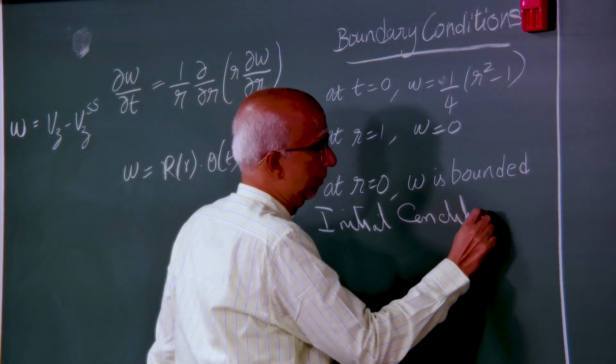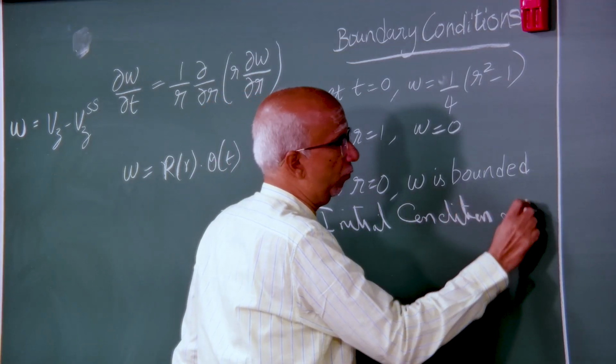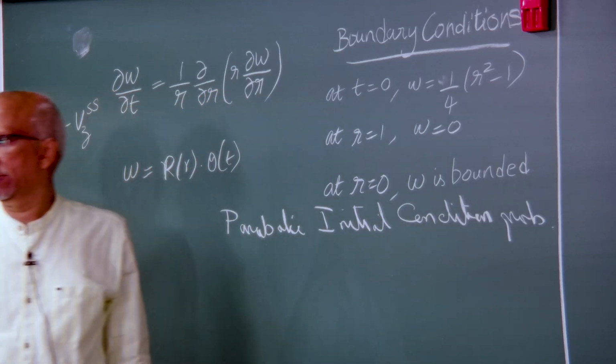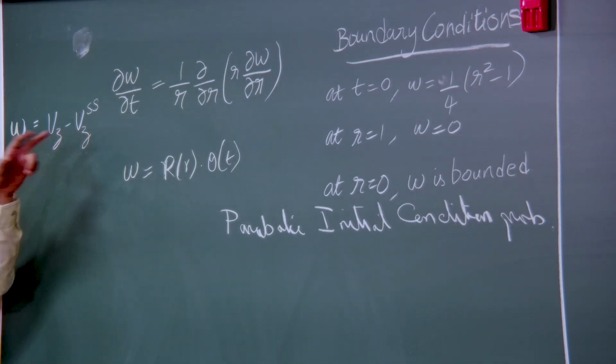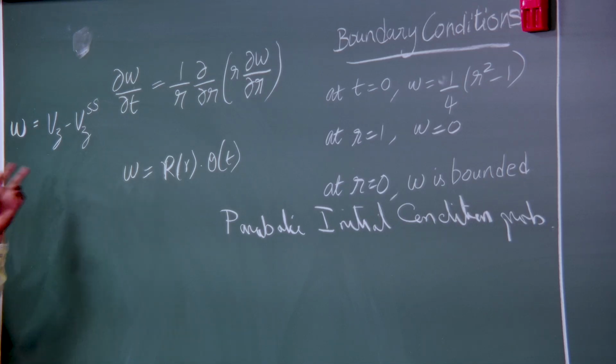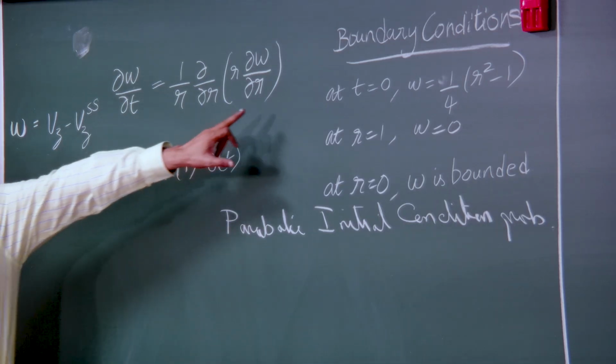I want you to understand this transformation. If we solve for Vz, it was a non-homogeneous equation problem, because the non-homogeneity, the pressure gradient, was in the equation. But the steady state also has the pressure gradient in its equation. So, when I subtract it, that goes off, and this is what I get.